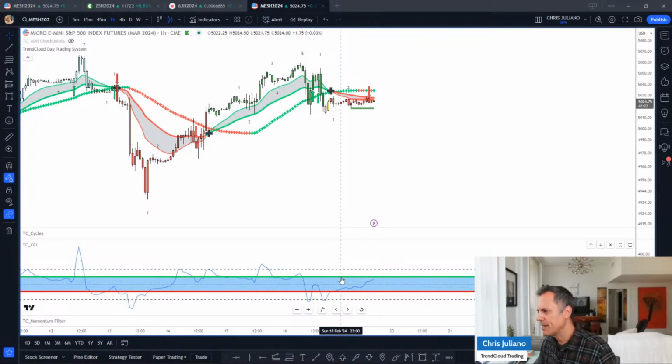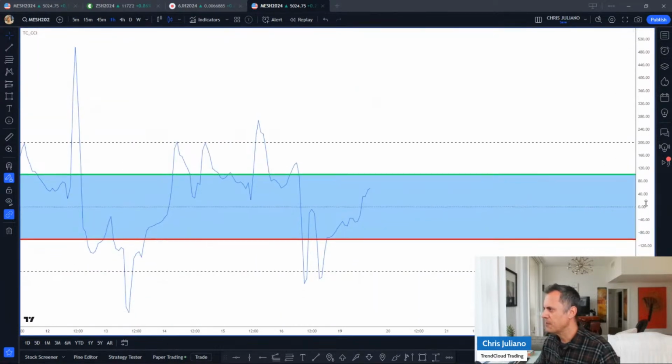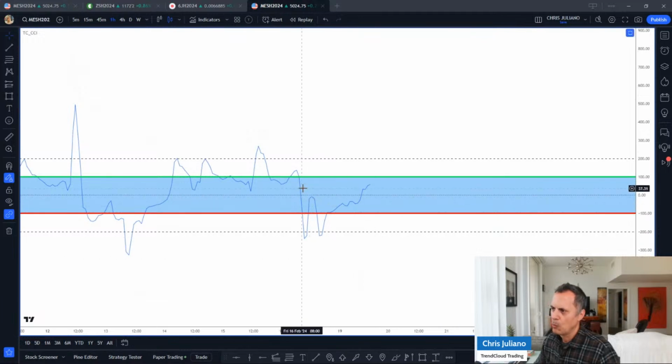Now how do I know that? Well, take a look at the CCI indicator. When you see the CCI blue line cross below negative 100, that's how you know you have a strong downtrend. If it crosses above positive 100, this green line here, then you know you have a strong uptrend.